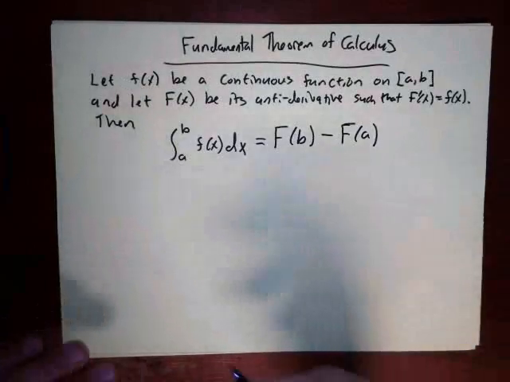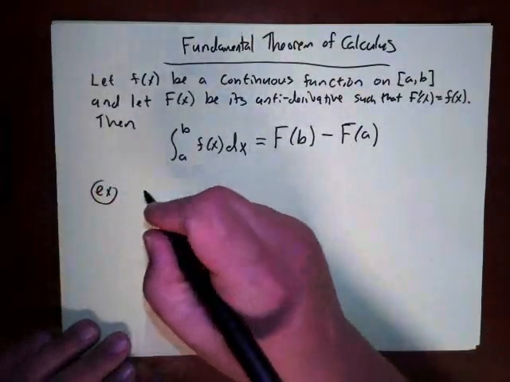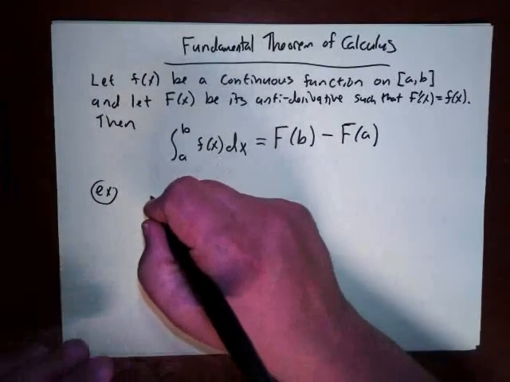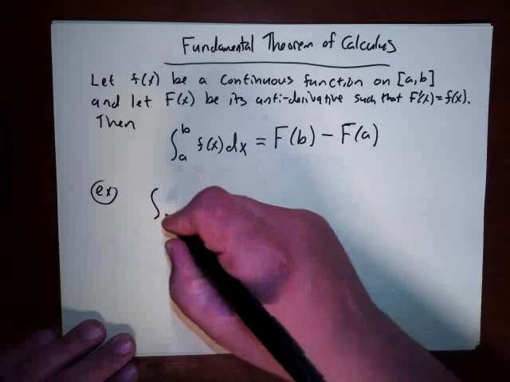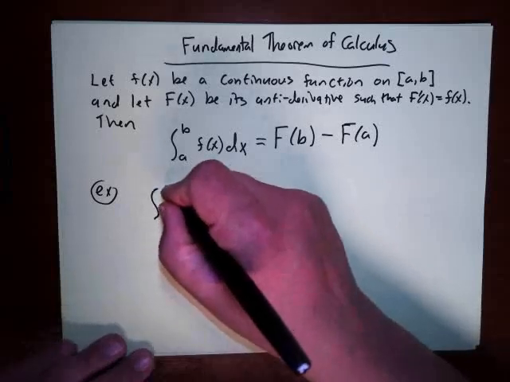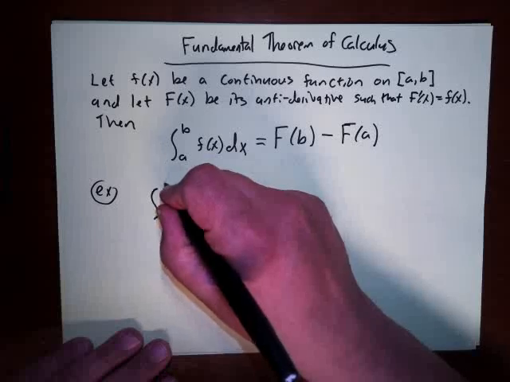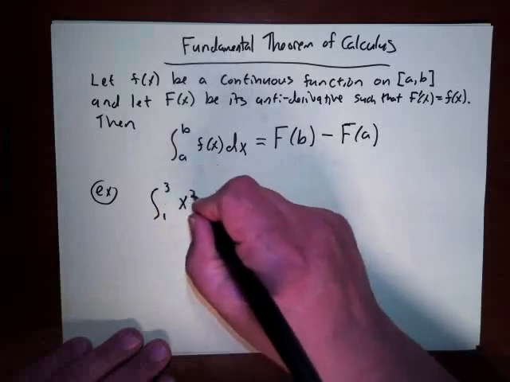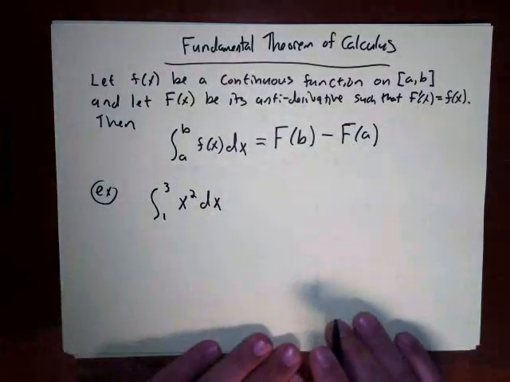Okay, so let me just do an example. I'm going to do a couple of examples. First, let me do the one that we did initially, with the infinite sums. So I did the integral from 1 to 3 of x squared dx.